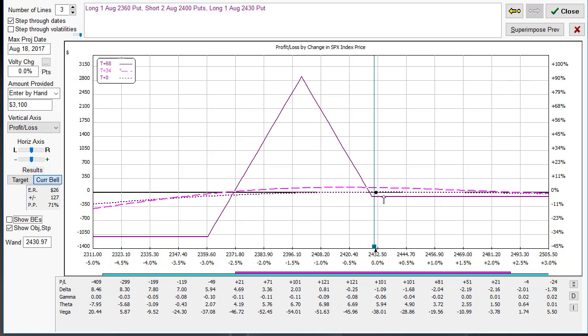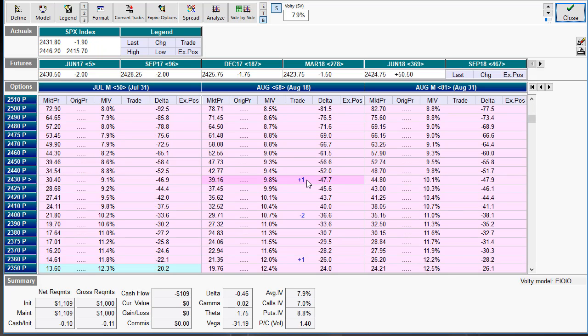So again, that unbalanced butterfly approach is a very, very powerful and yet simple to execute method.